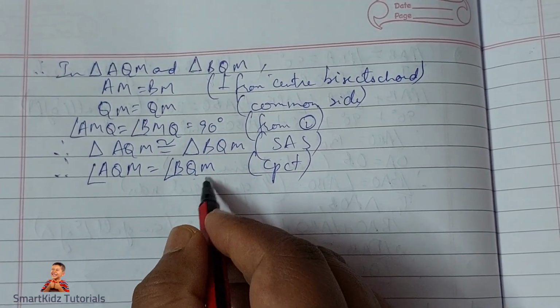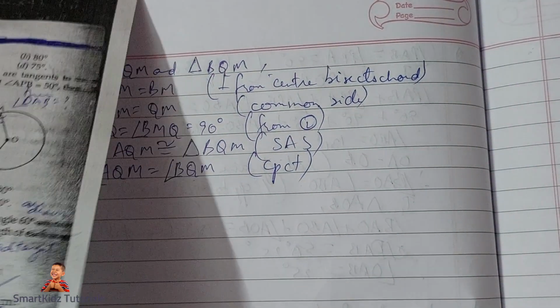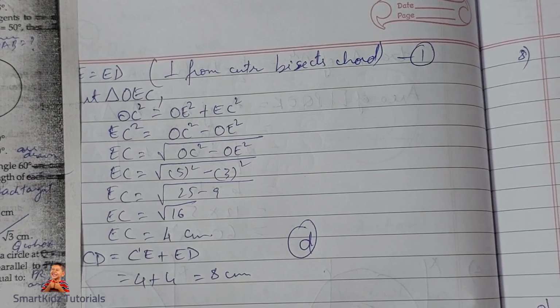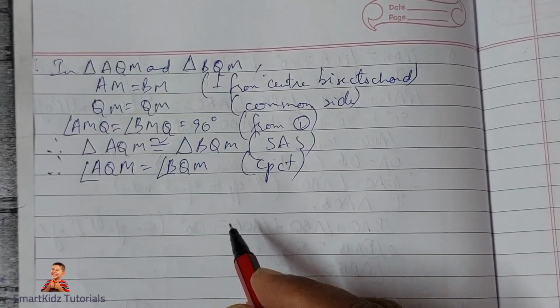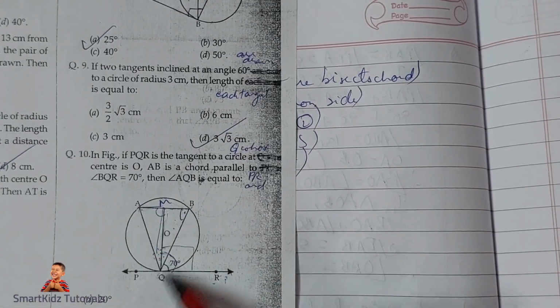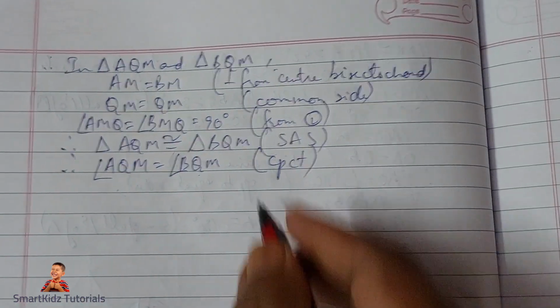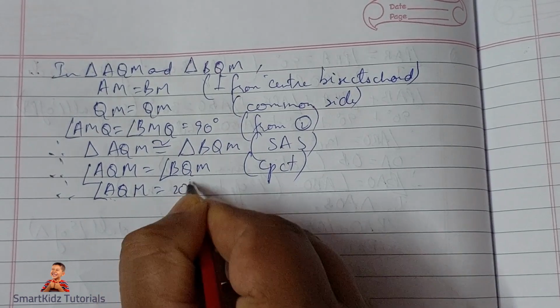Since BQM we found as 20 degrees, we can therefore say angle AQM is equal to 20 degrees.